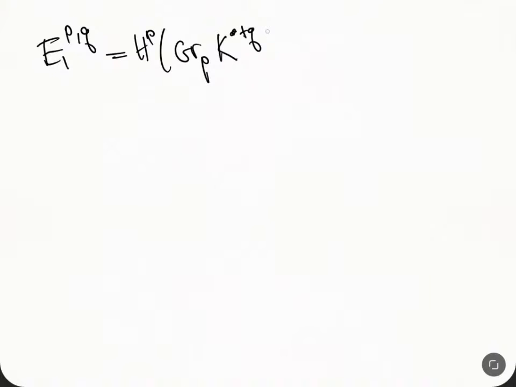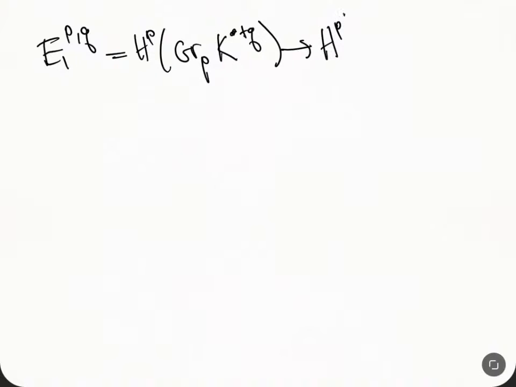Here is what we do. E1 P Q is equal to H P of the pth graded piece of this complex, but we twist it by Q. Okay, and from the sequence above, we know the twists respect the short exact sequence to long exact sequence.